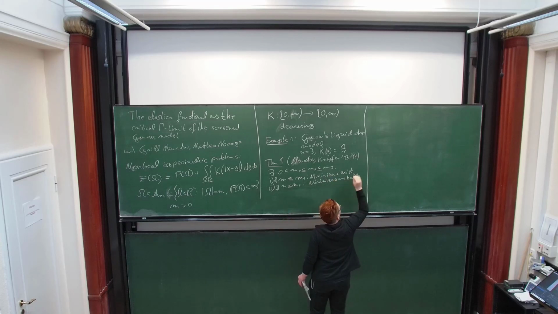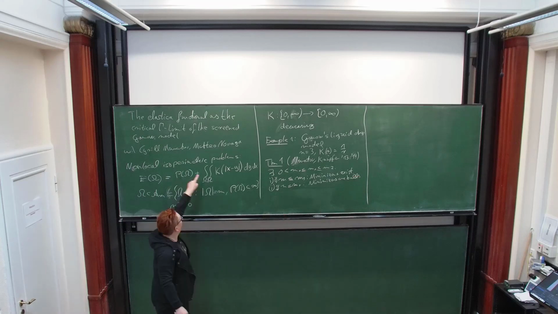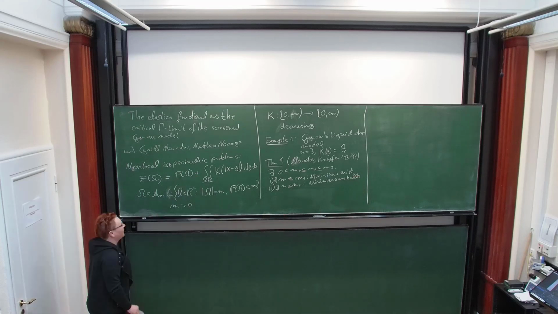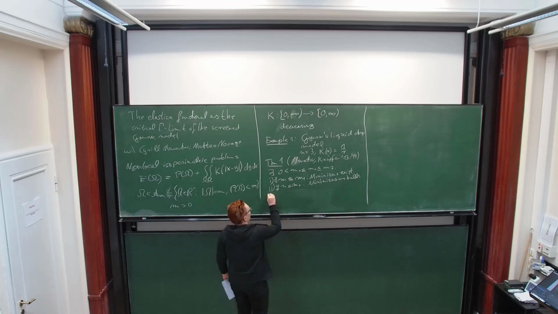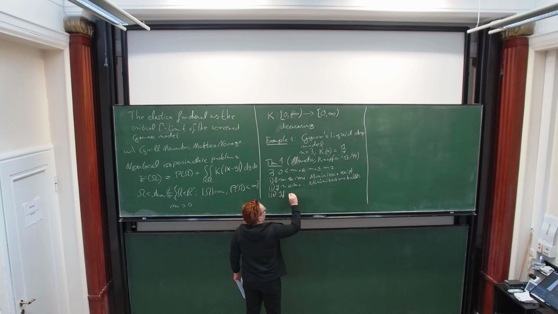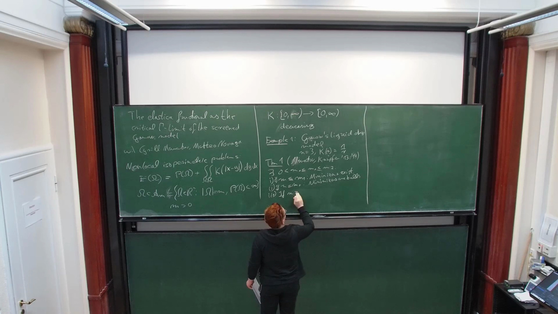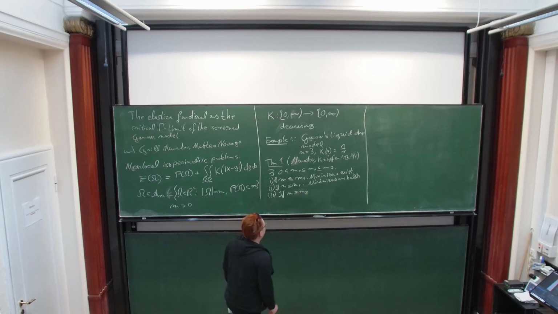So you get the minimizer of this despite there still being a repulsive effect. And the third is if the mass is bigger than the last mass, M2, then you have no minimizers.